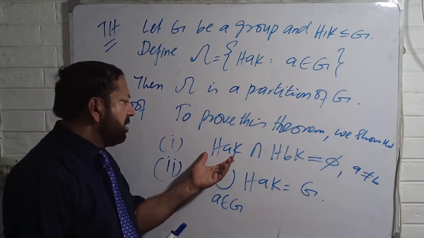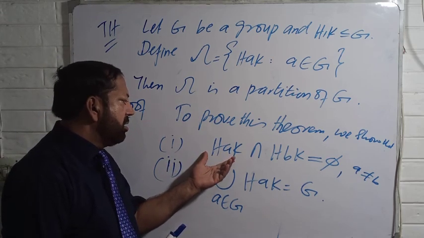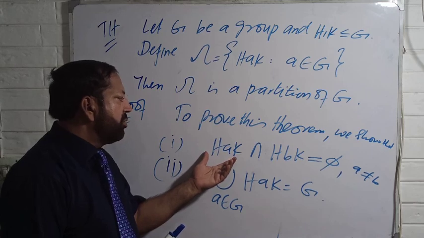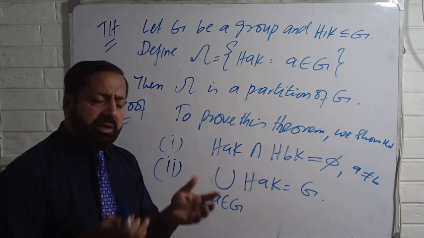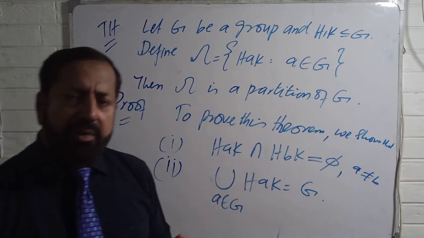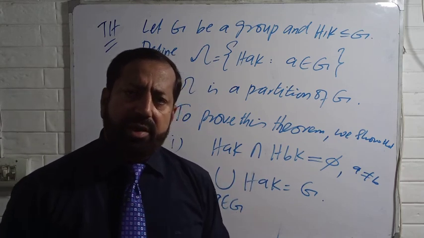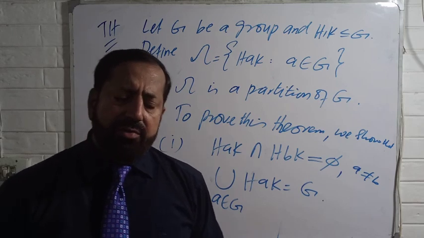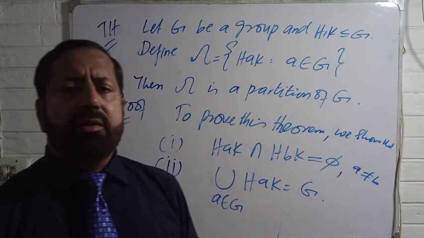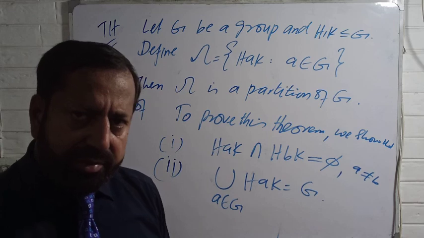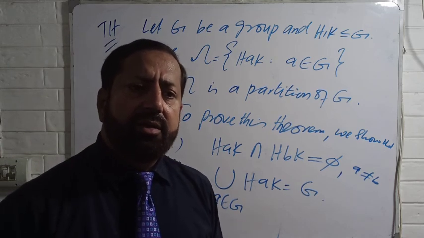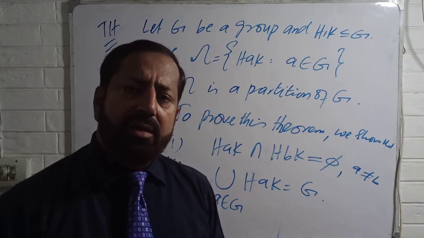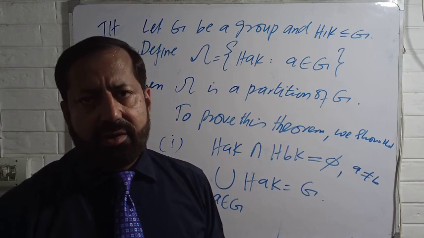You take any two double cosets HAK and HBK and say these two are distinct, however they have some intersection. You know that any two different or distinct double cosets could have some intersection. If I am saying that they are distinct, this never means that they have no intersection.